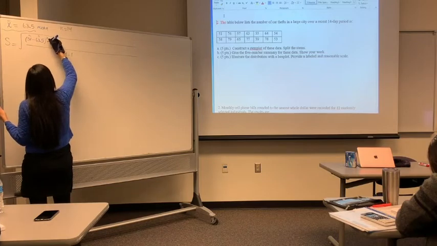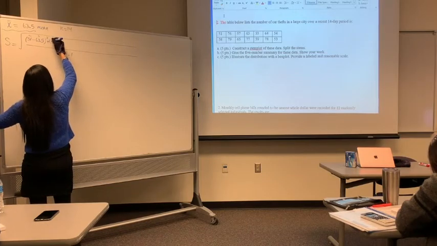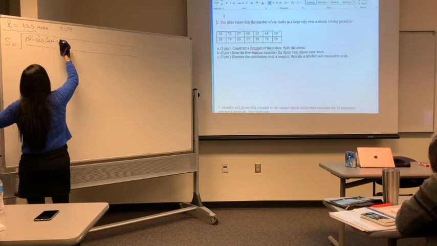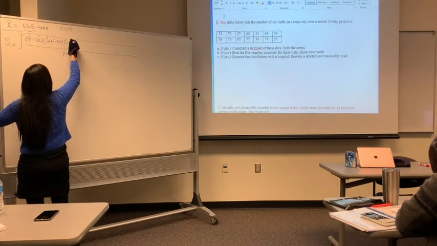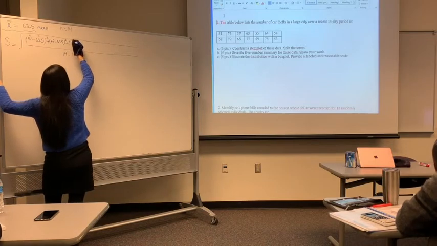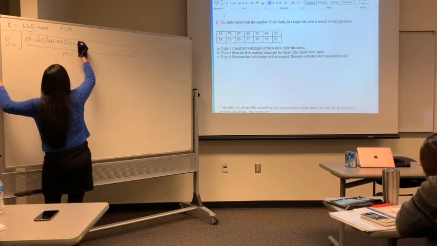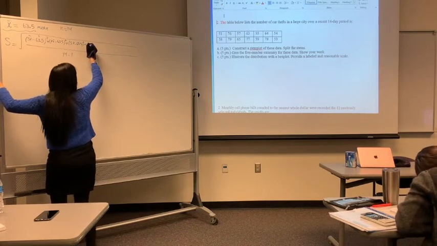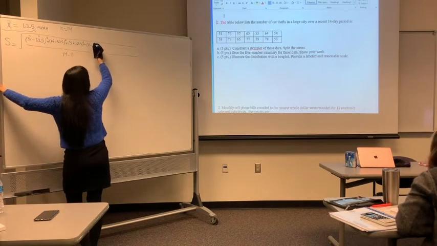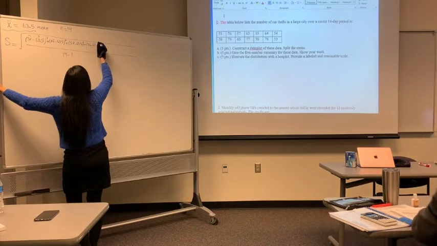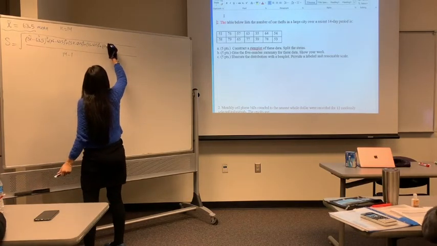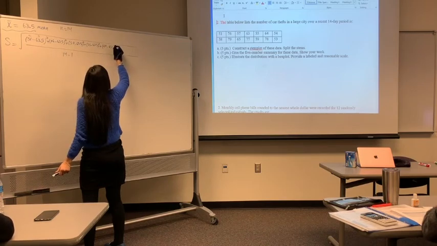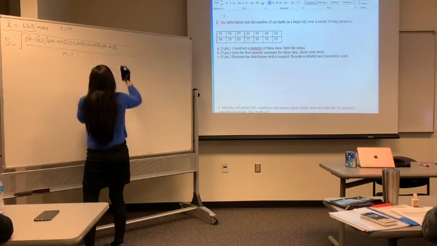Plus the second observation, 76 minus 63.5 power 2, plus 57 minus 63.5 power 2, plus 55 minus 63.5 power 2, plus 64 minus 63.5 power 2, plus.